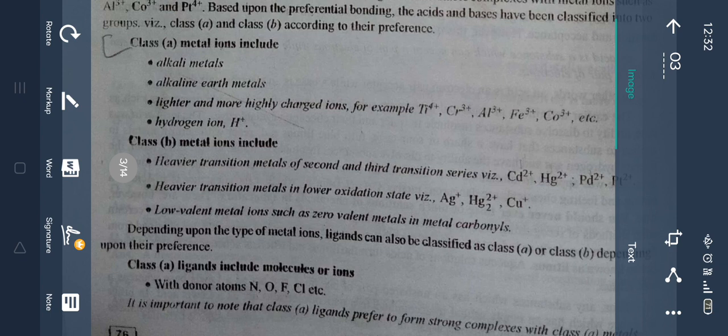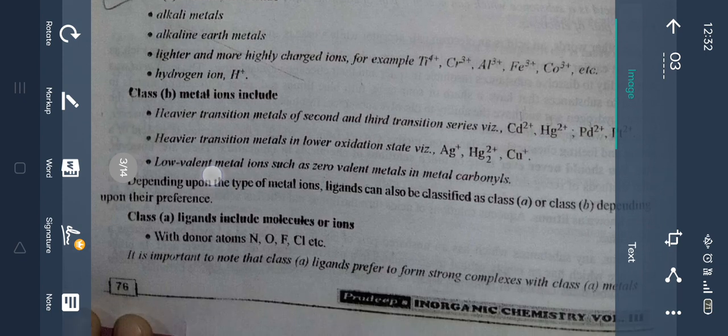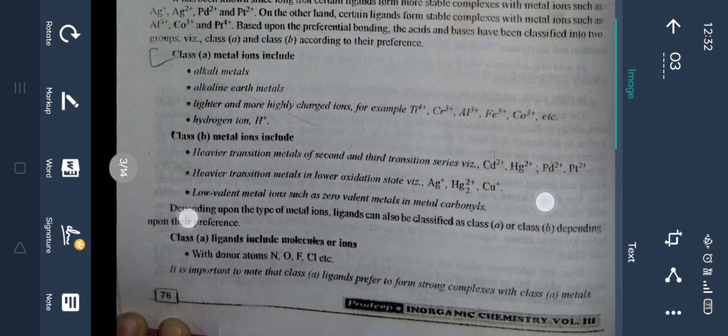Depending upon the type of metal ion, ligands can be classified as class A and B depending upon their preferences. Class A ligands involve molecules or ions with donor atoms N, O, F, Cl, etc. It is important to note that class A ligands prefer to form strong complexes with class A metals.